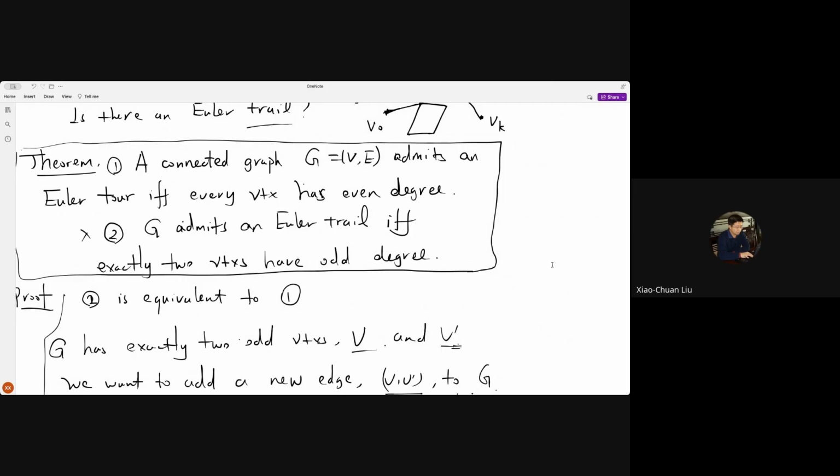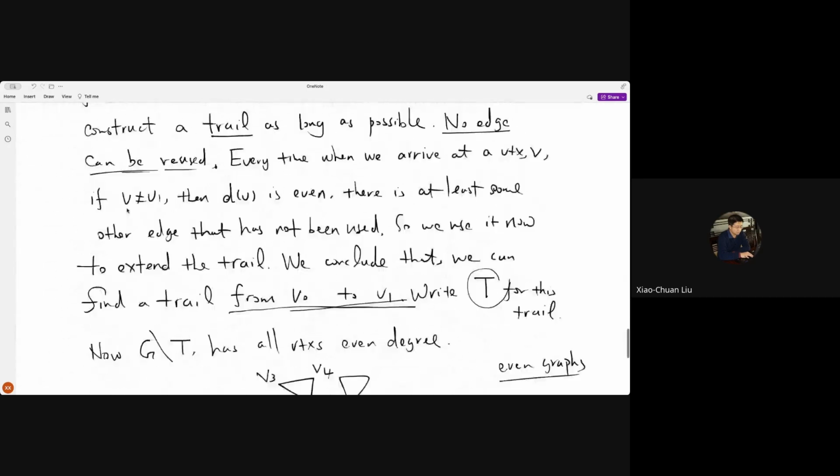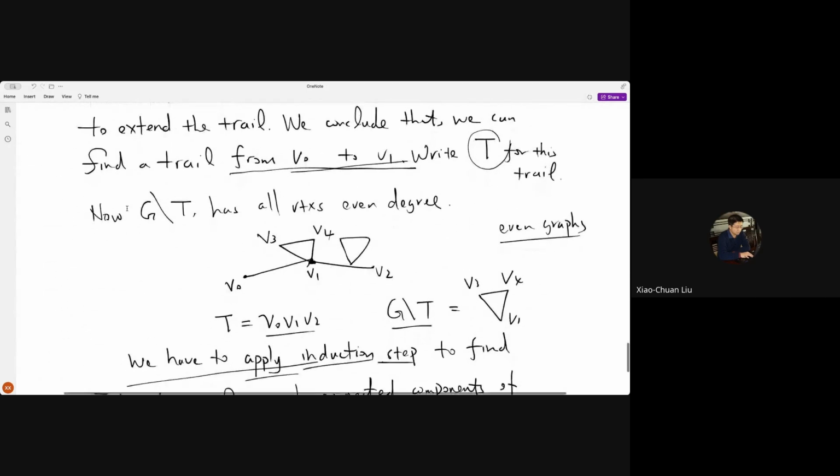Then at this point, you want to apply point 1. Suppose point 1 is proved for all smaller edge numbers. So you apply this to find the Euler tour for each connected component of G minus T.